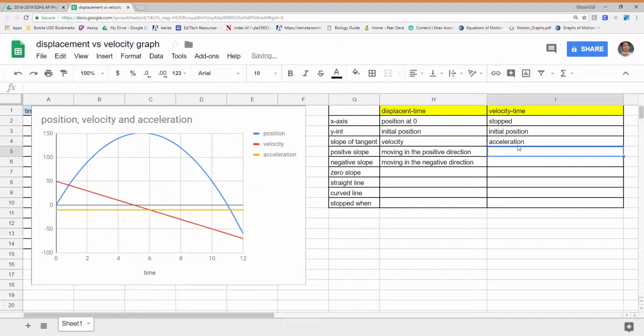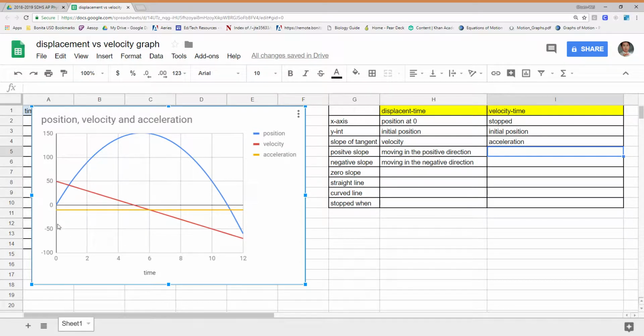Fine. For the velocity, if it has a positive slope, then that means it's getting faster and faster. It has a negative slope, that means it's going slower and slower, or moving more and more down, right? So here, a positive slope, that's with the basketball. For the velocity time graph, a positive slope would mean this line is going up.